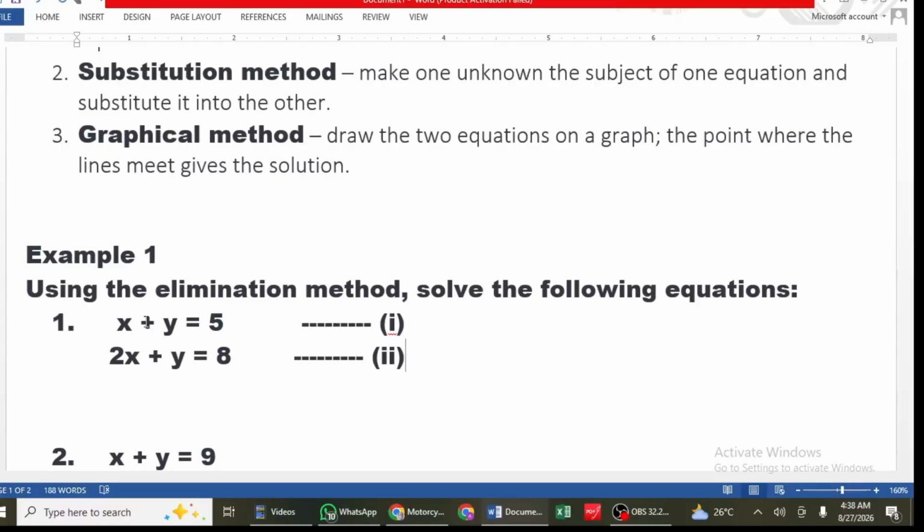Like this one, the signs are the same, which means that you are going to subtract the equations. Because of that, you will now say equation 1 minus equation 2.